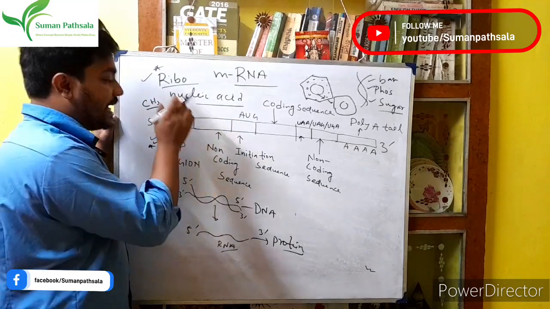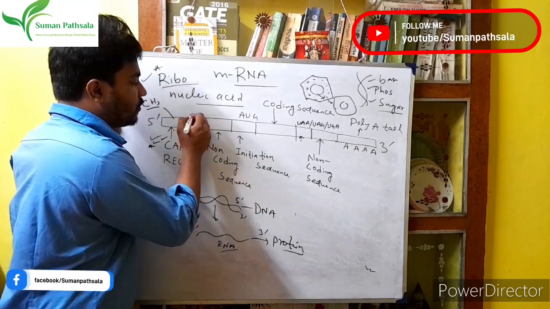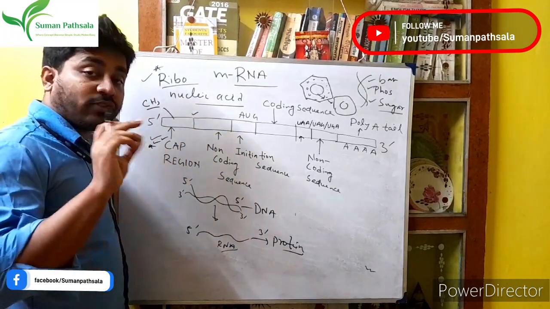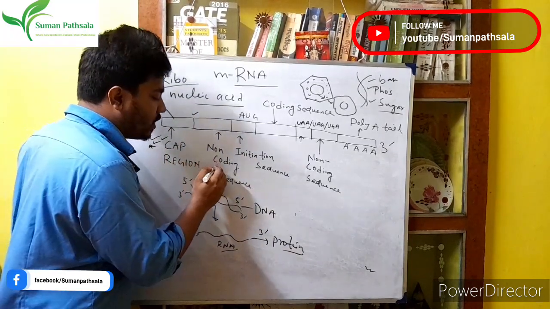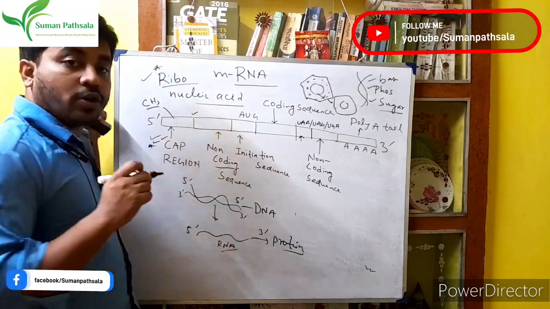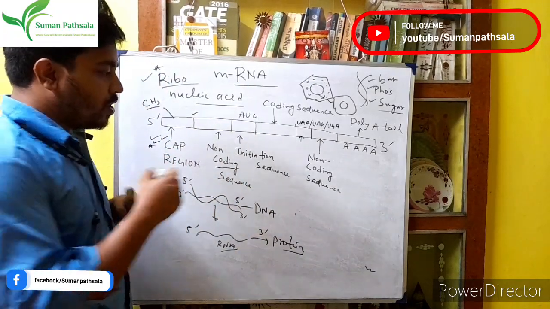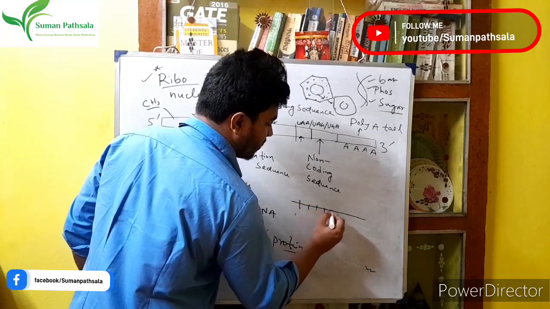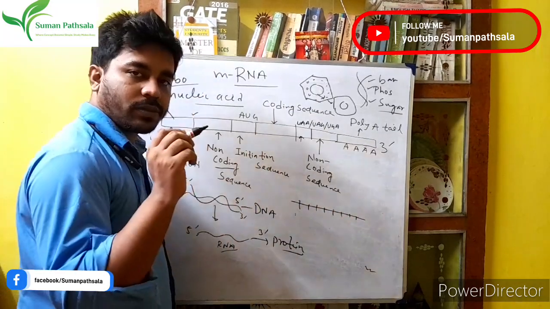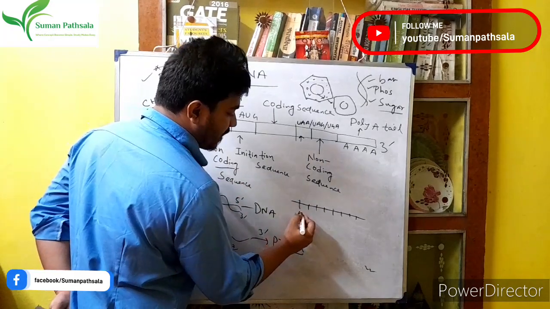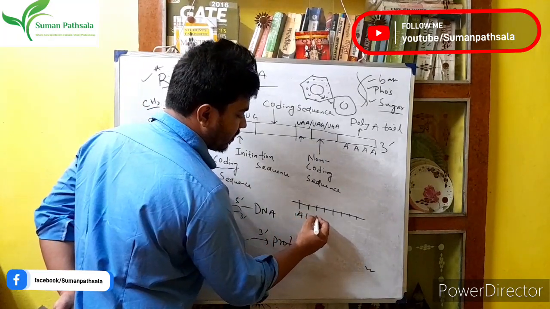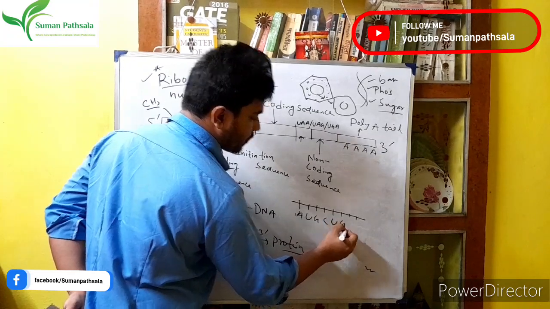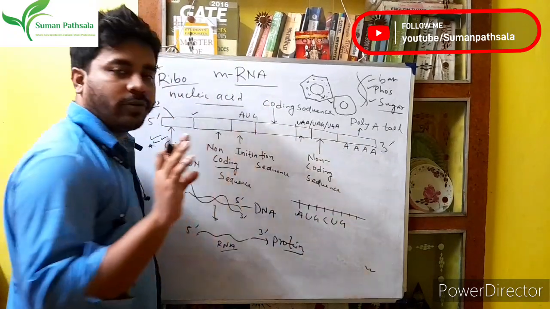Clear? Okay. Then I will also discuss the non-coding region. First we have to understand what coding is. Coding means what? Suppose this is one type of strand. There are so many bases here. Suppose this is one type of sequence.